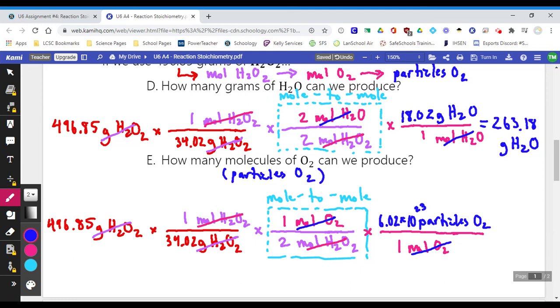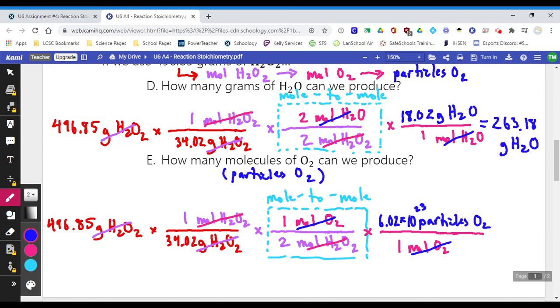Okay, so all we have to do now is plug all this in. 496.85 times 1 divided by 34.02 times 1 divided by 2 times 6.02. And I got to turn my calculator so I can get to the times 10 to the 23rd.